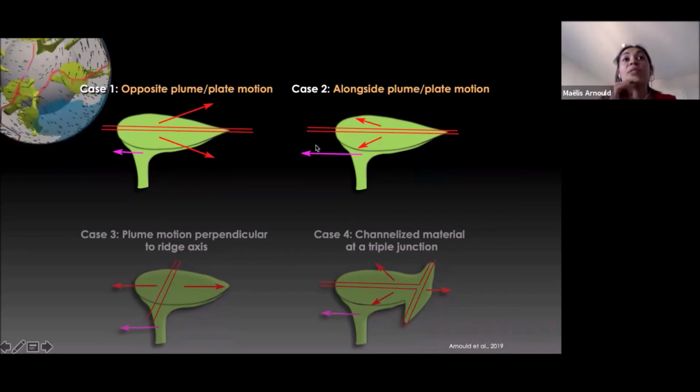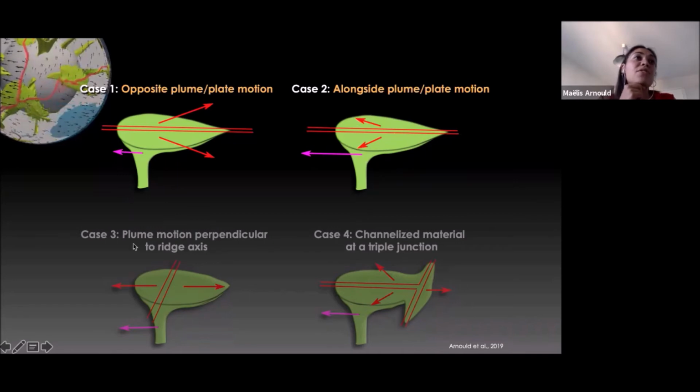In the second case, the plume is moving alongside the plate motions, but faster than them. And this creates a relative motion and a shearing that results in a thermal wake which is opposite to the direction of the plate motions.